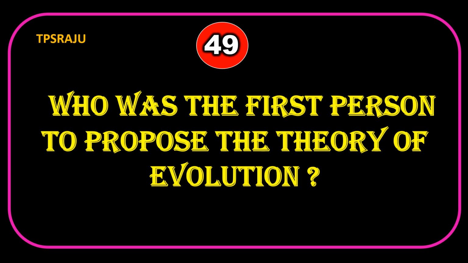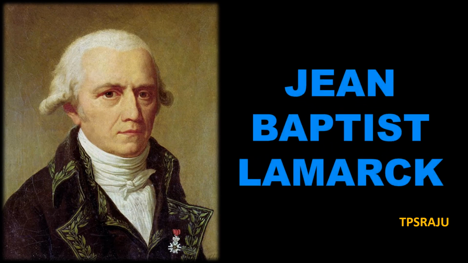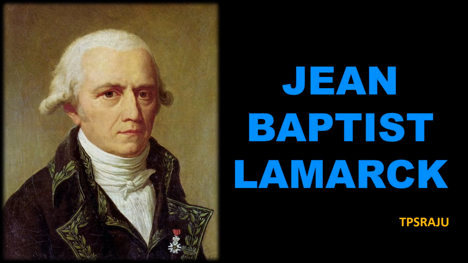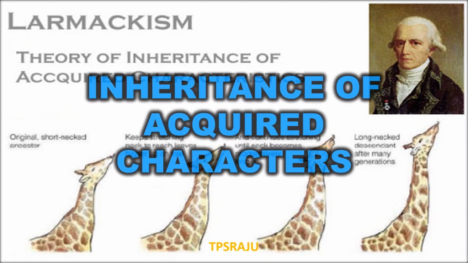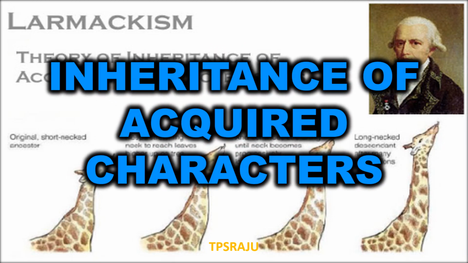Who was the first person to propose the theory of evolution? Jean-Baptiste Lamarck. Lamarck proposed that the acquired characters are passed on to its offsprings. This is the theory of inheritance of acquired characters.